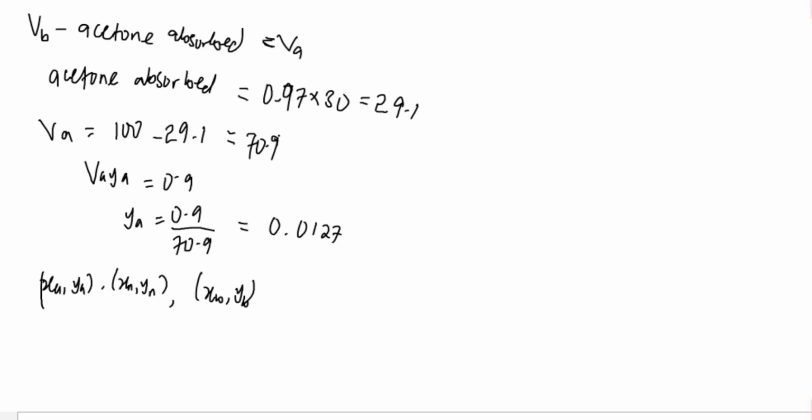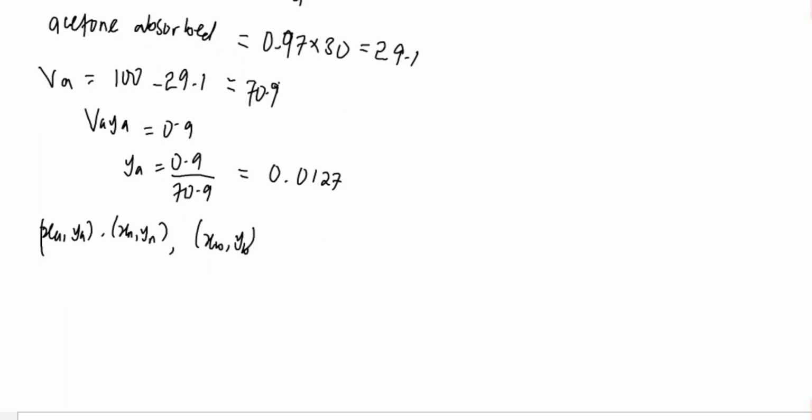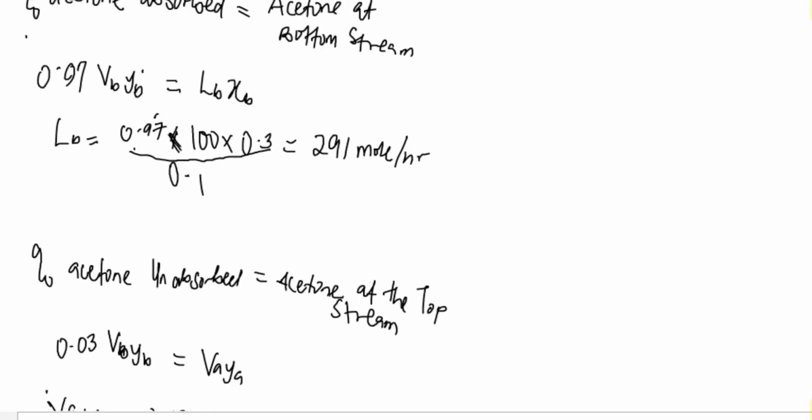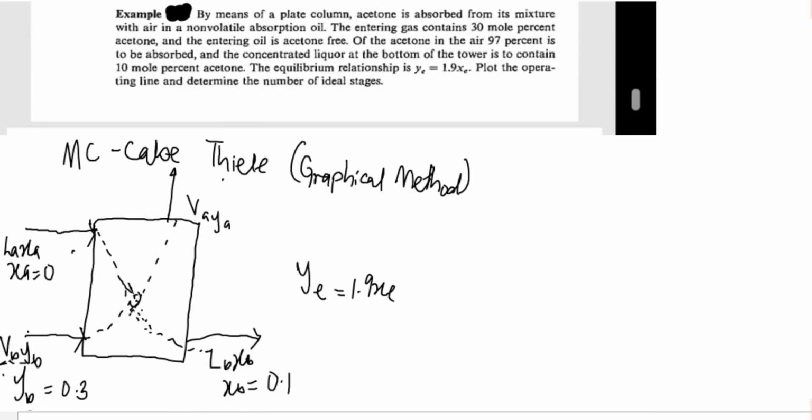So to account for XNYN, let's go back to the diagram. From this diagram, the acetone coming in at the inlet of the vapor phase is 30 mol%. As it's coming, mixing with the liquid, some part of it is removed, some part of it is removed, until there is complete absorption.